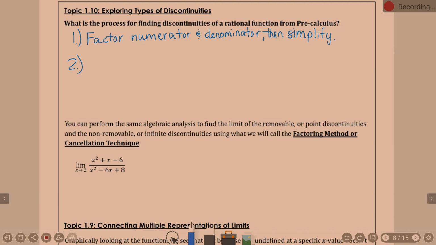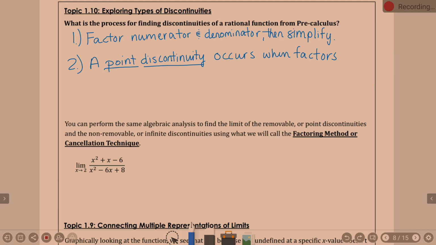I think I've talked about that a little bit somewhere. So a point discontinuity occurs when factors are removed or canceled, and then the remaining x minus a equals 0. So that's the second part I'm going to write: a point discontinuity occurs when factors cancel.